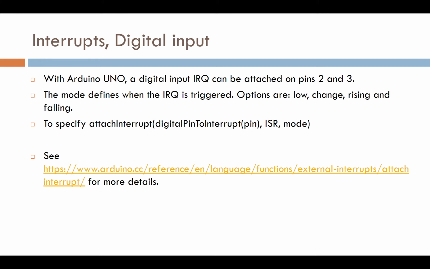Then if you make the physical connection such that initially you have 5 volts on that pin, using a pull-up resistor, which can be the internal pull-up resistor on that pin, then you would probably want to use the falling edge.